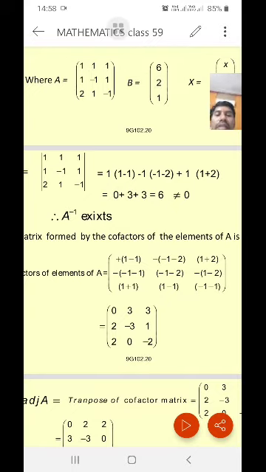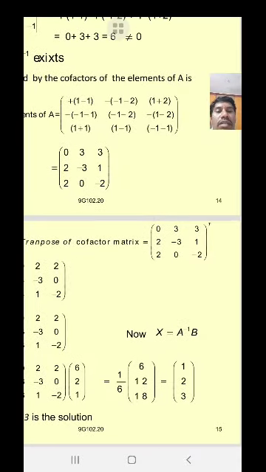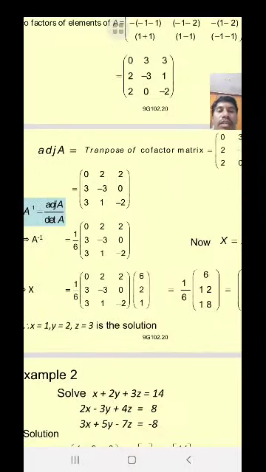So see here, the cofactors of the elements of A are 0 3 3 2 minus 3 1 2 0 minus 2, and its transpose is called adjoint A. So the transpose of the cofactor matrix equals this.